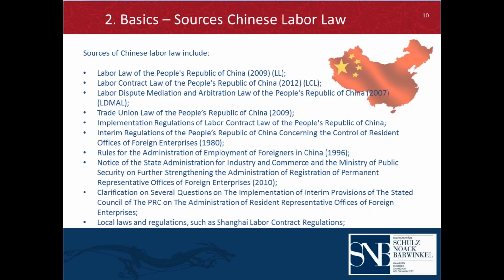Sometimes these local regulations are also in conflict with national regulations, and then you have to figure out whether the local regulations may prevail or whether you should apply the national regulation.